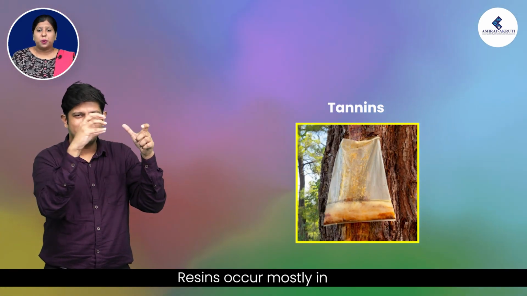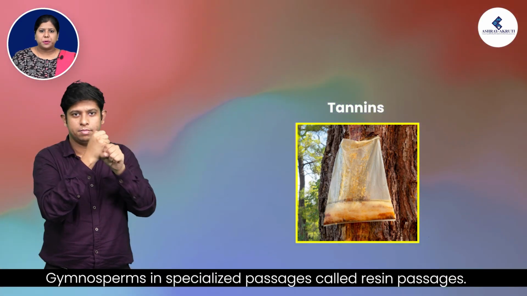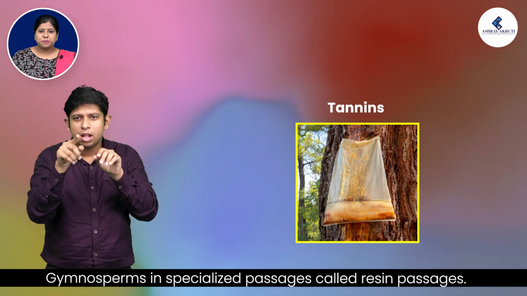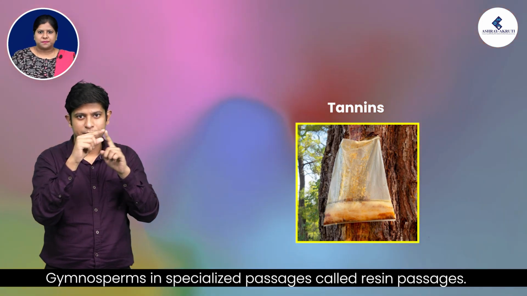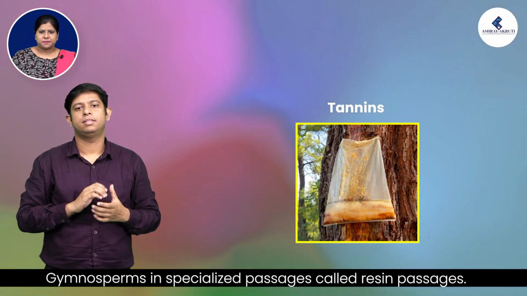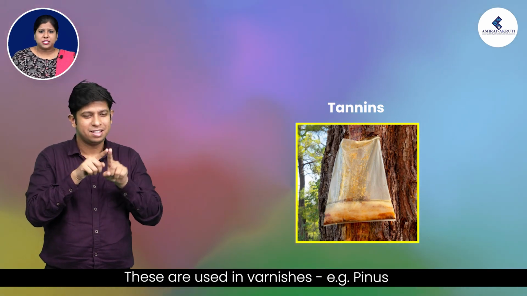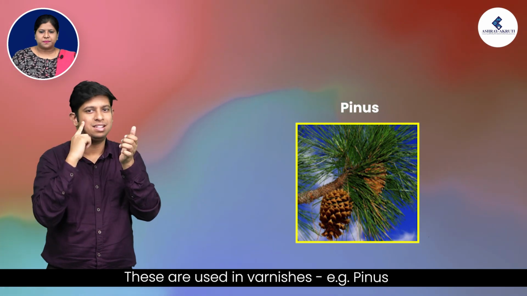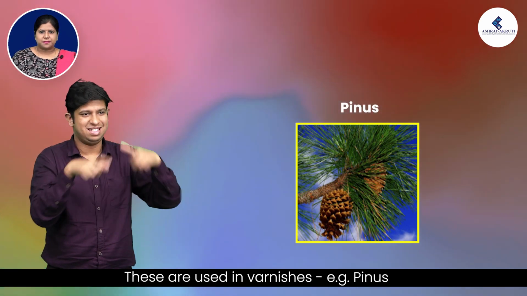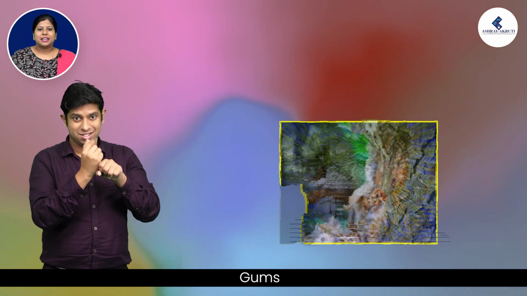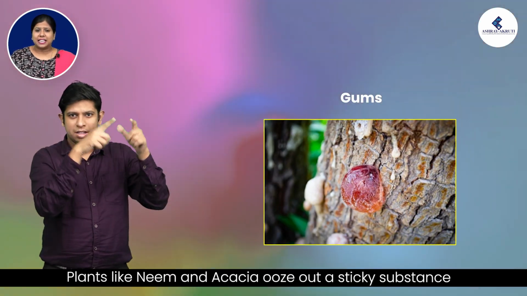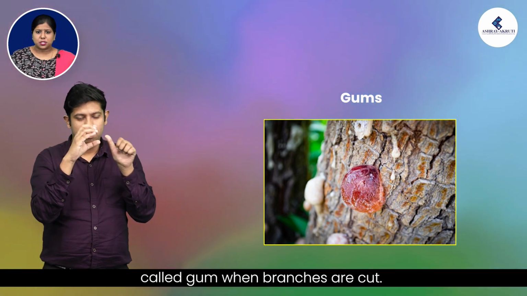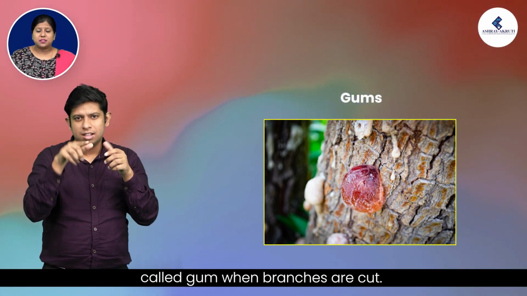Resins occur mostly in gymnosperms in specialized passages called resin passages. These are used in varnishes, example pinus. Gums. Plants like neem and acacia ooze out a sticky substance called gum when branches are cut.